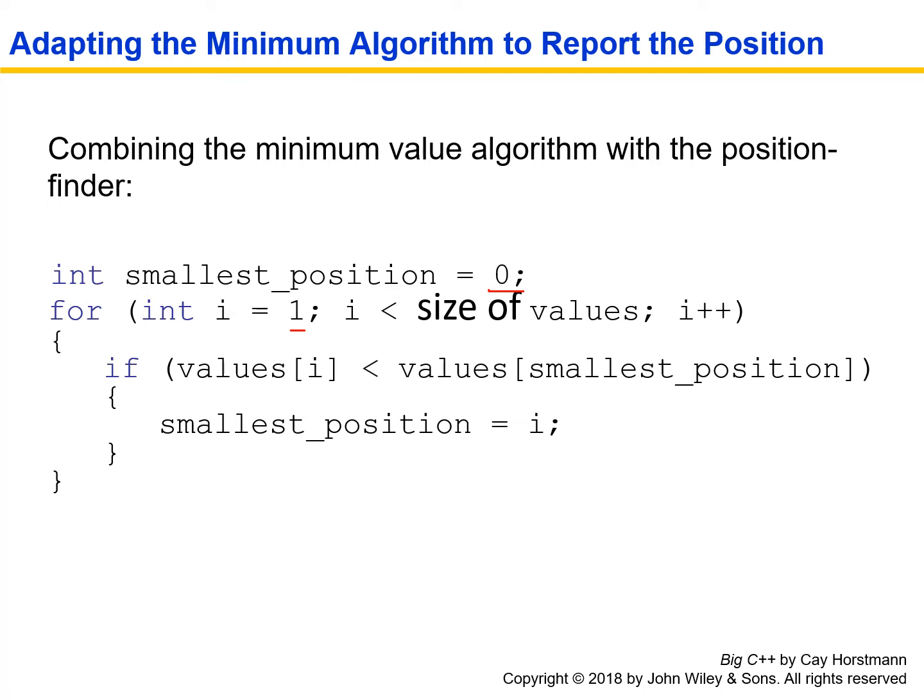And if values at 1 is less than values at 0, which is our smallest position, then we'll set smallest position equal to 1. And then we let i increment to 2, and we repeat that. And pretty soon we've gone through the whole array, and smallest position represents the i value at which we found the smallest value.